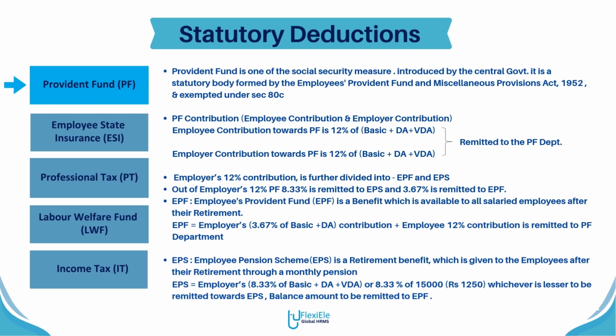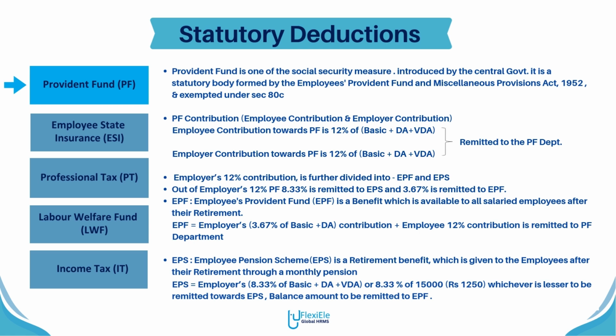Before that, you need to understand the twist. 8.33% goes towards your employer's pension scheme, your post-retirement income stream, and the 3.67% joins your own PF contribution to form a growing fund in your employee provident fund, which you can access during any emergencies.